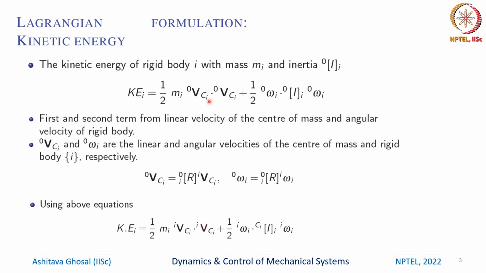So it doesn't really matter whether we are obtaining it in the zero coordinate system or in the ith coordinate system. And the same story holds: instead of obtaining half 0 omega_i dot 0 I_i 0 omega_i, we can also obtain the kinetic energy as half i omega_i dot C_i I_i i omega_i.